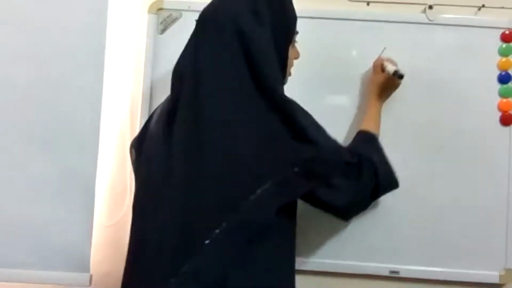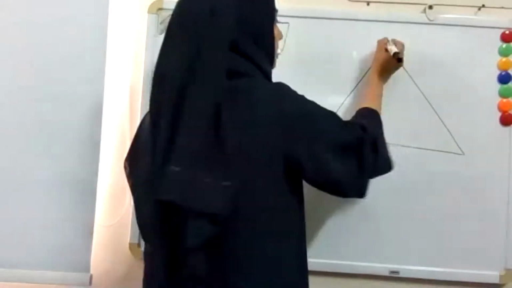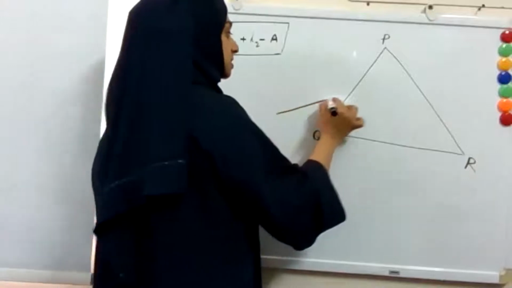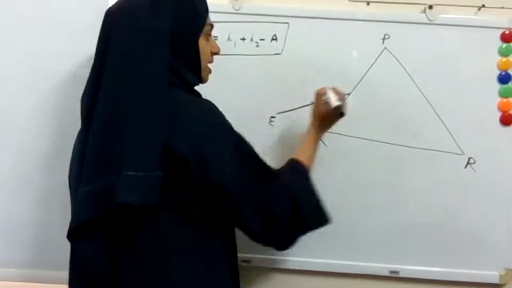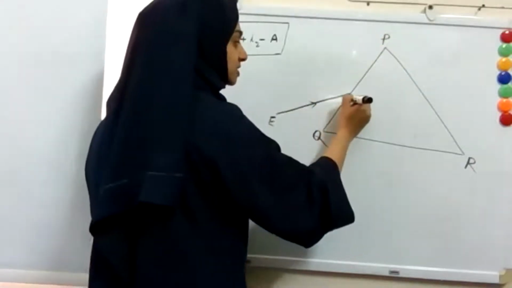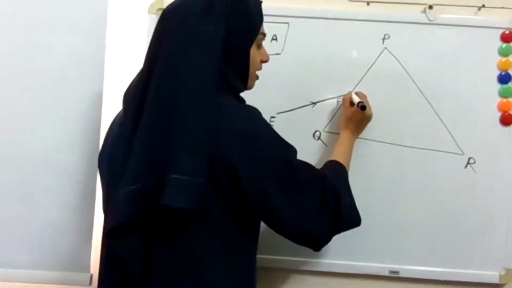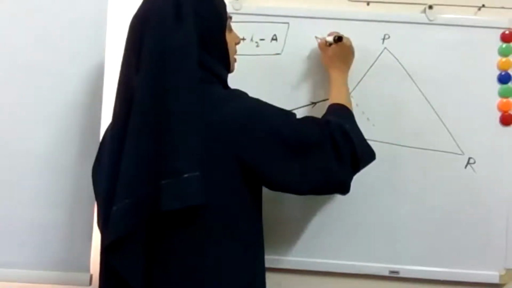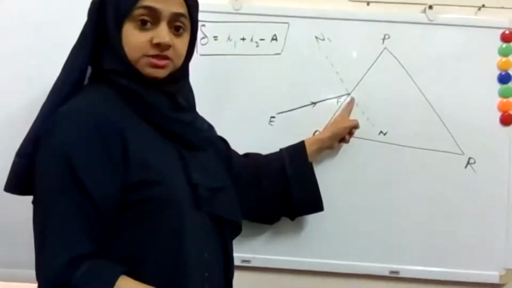So we saw that if you have a prism PQR, and a ray of light is incident on it, suppose the ray of light is coming from E and it is incident on the surface at a point F, and N1N is a normal drawn at the surface.